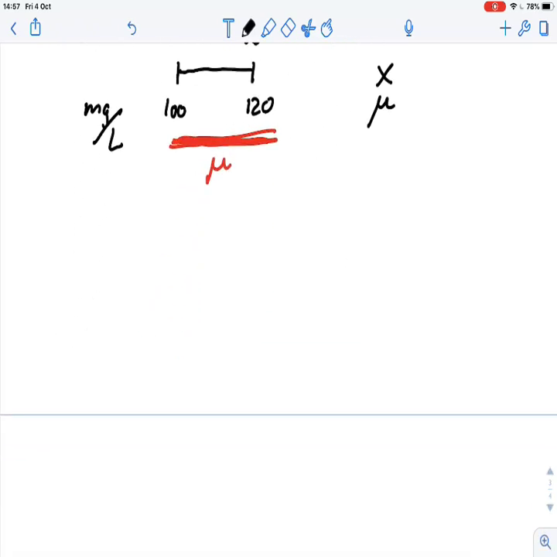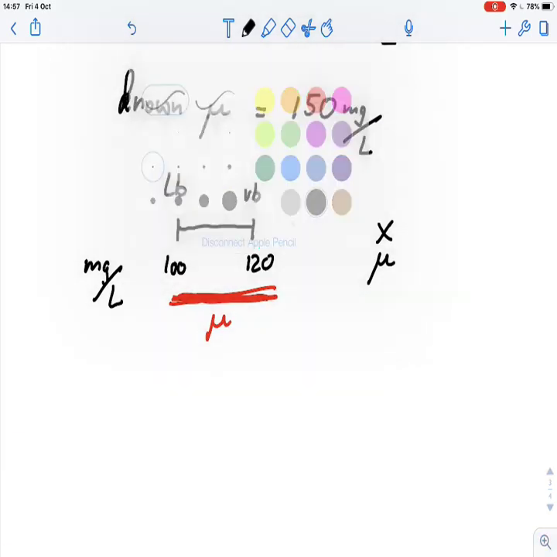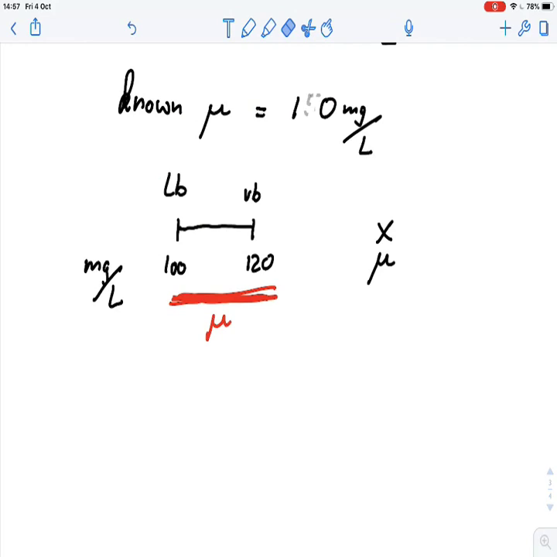If we have another, just let me get rid of that. What would happen if we had 110 published? It would be pretty much in the middle here. Could this happen? Yeah, of course it could happen, because that is within our prediction.